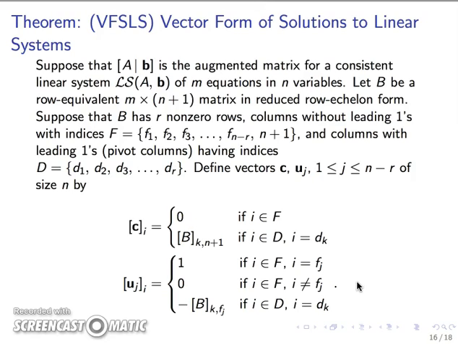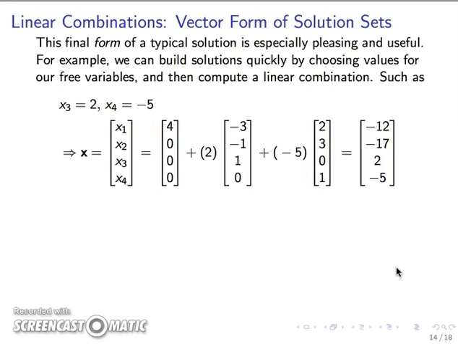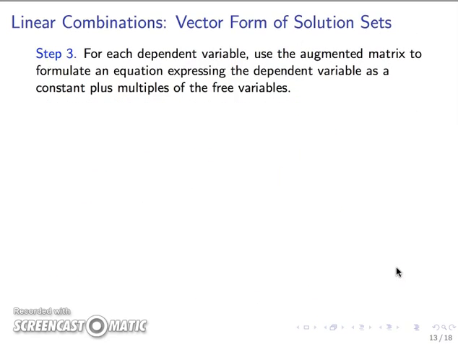And this theorem, vector form of solutions to linear systems, is something to review carefully. The notation the first time looks a little overwhelming, but note that what we have here are zeros, ones, and then entries from the RREF of the augmented matrix. So this is a very formal way of describing how to put it together. But you really want to refer to the 3 steps that we outlined here: step 1, step 2, and step 3.